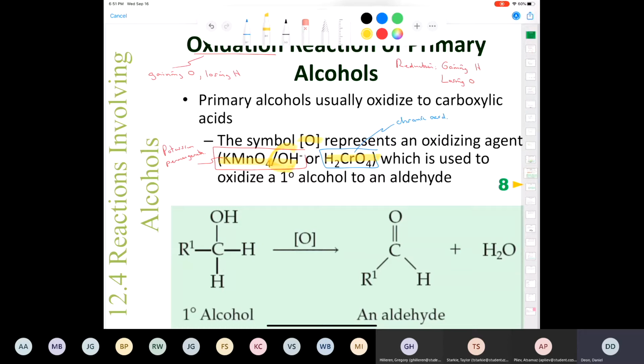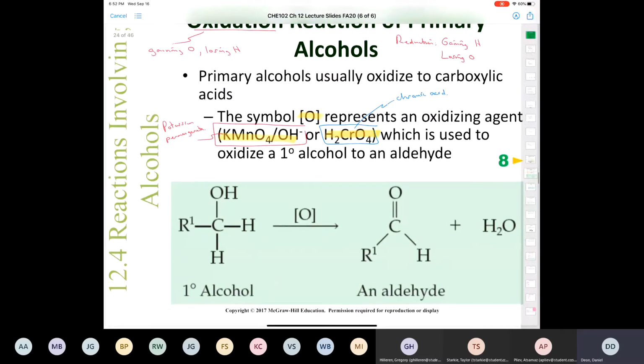The reason why is because hydroxide is a base and chromic acid is obviously an acid. And so sometimes in organic chemistry, you might have to do the reaction in acid, and other times you might need to do a reaction in base. And so it's good to have both of those under your hat. In fact, a good organic chemist will always have many ways of doing the same reaction.